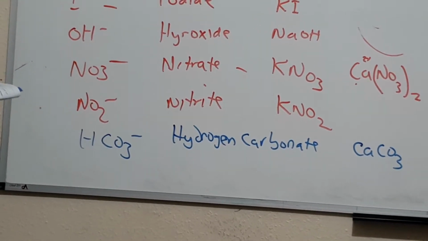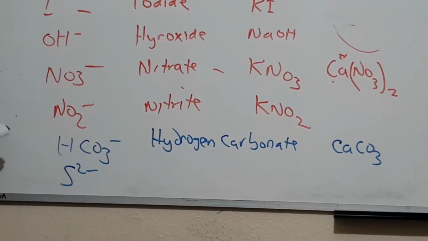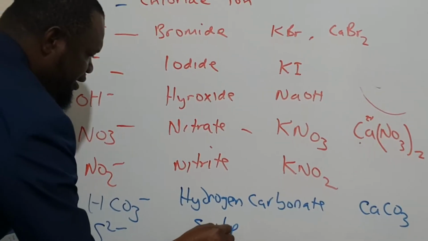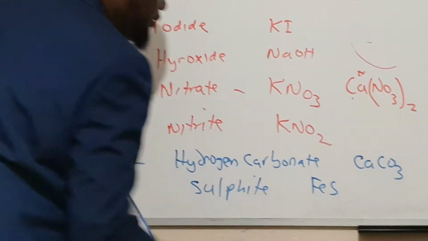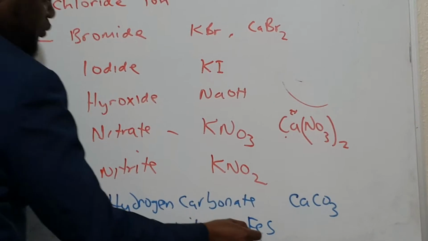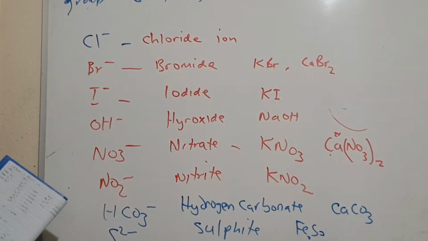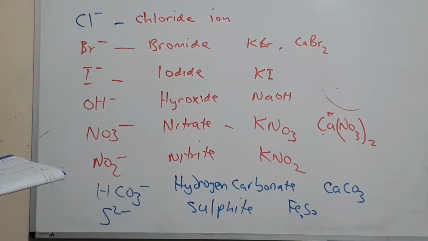Then you have the sulfide ion, S2 minus. It's called sulfide. You can have iron sulfide. Now, we are not finished.